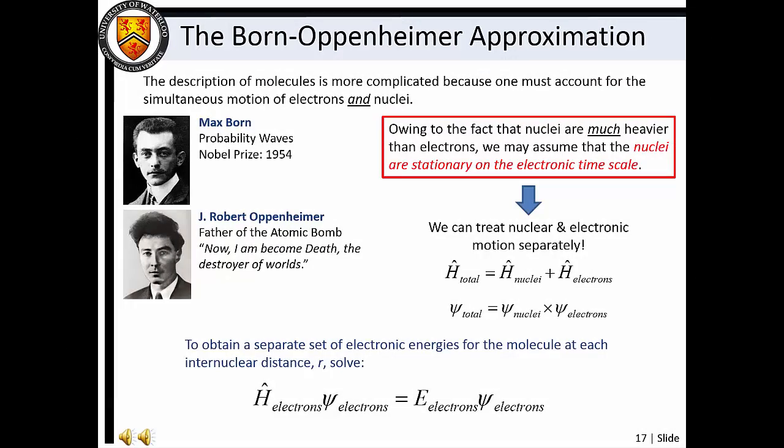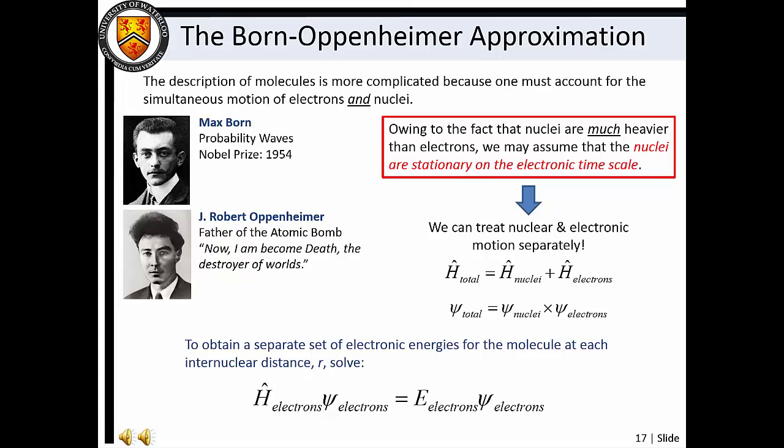The description of molecules is more complicated than that of atoms because electronic and relative nuclear motion must be accounted for. The Born-Oppenheimer, or clamped nucleus approximation, simplifies this problem. Owing to the fact that nuclei are thousands of times heavier than electrons, we can assume that nuclei are stationary on the electronic timescale. This assumption allows us to treat electronic and nuclear motion separately, which means that the electronic Schrödinger equation can be approximated as depending only parametrically on nuclear configuration.